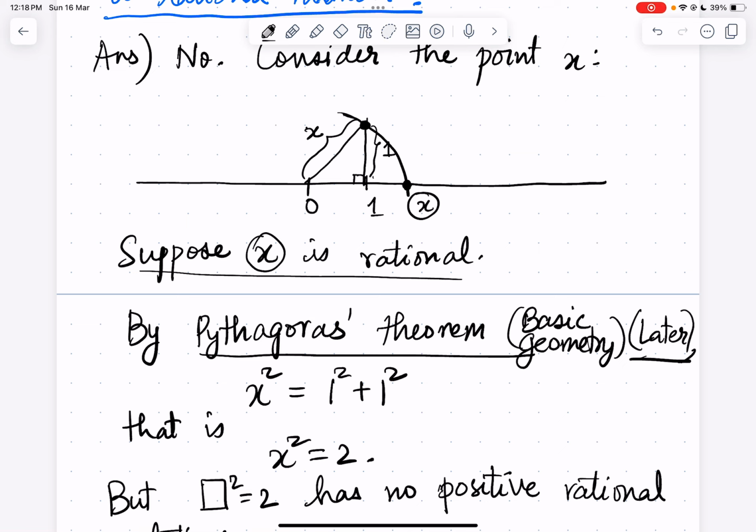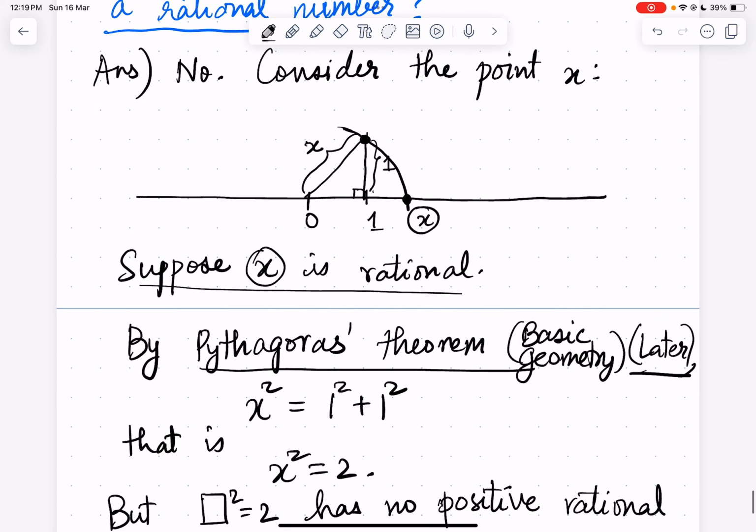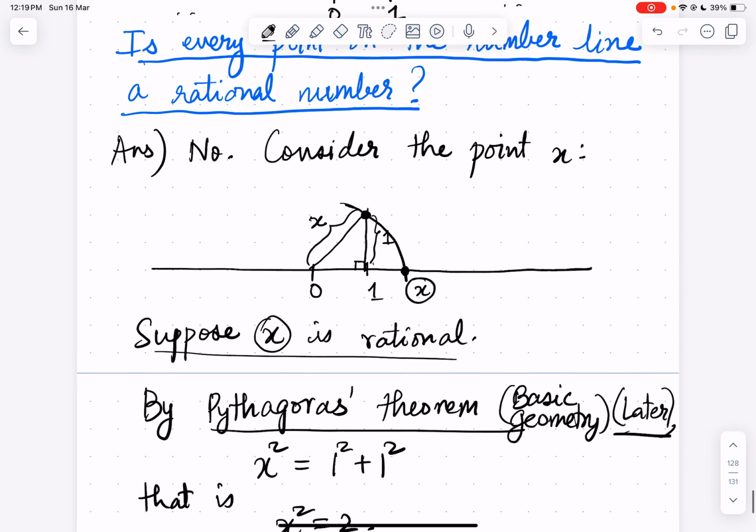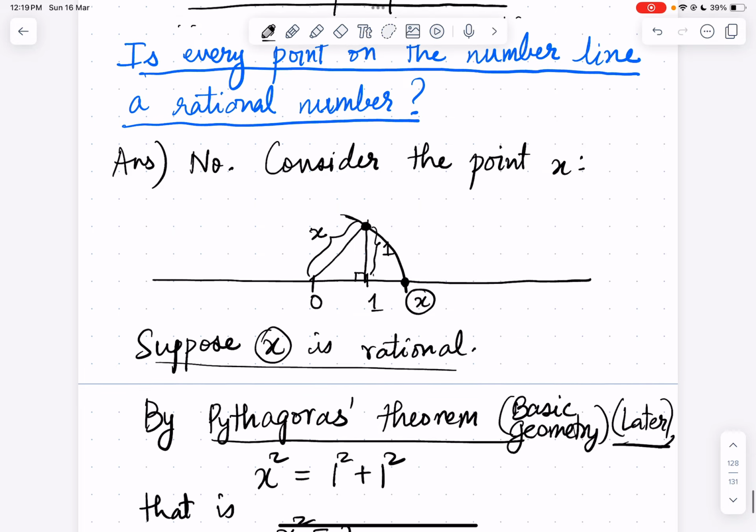So assuming this length is rational, we can take the square, and assuming the sides of this right angle triangle are all rational, we get this relationship between the side lengths, which is x square equals 1 square plus 1 square. This is due to Pythagoras theorem. We'll look at Pythagoras theorem later. So we have crucially used Pythagoras theorem here in the construction of this point x.